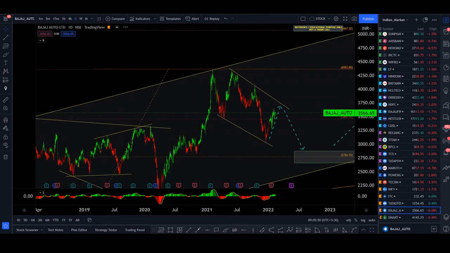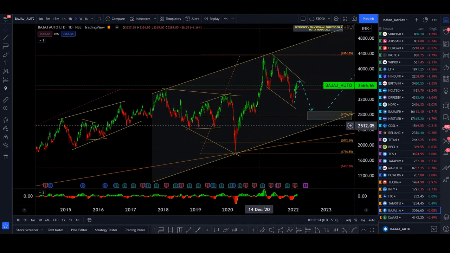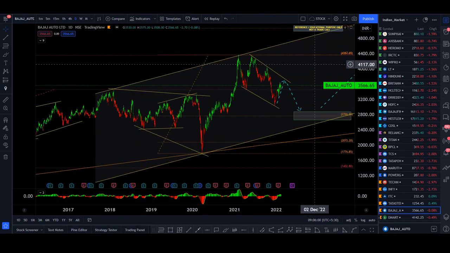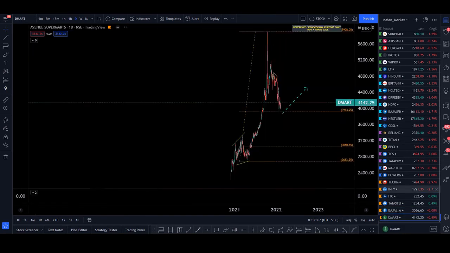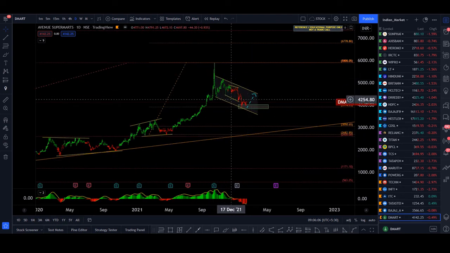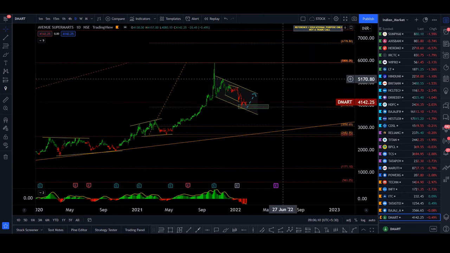Yep, Bajaj, similar setup as we discussed. We are waiting for an uptrend to complete, then it comes down, then we have a trade to play. DMart, similar, we are in the first A wave, not complete, so this has a long term sideways move before a trade can mature.